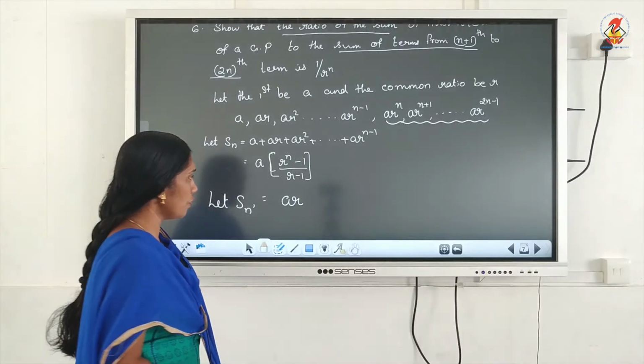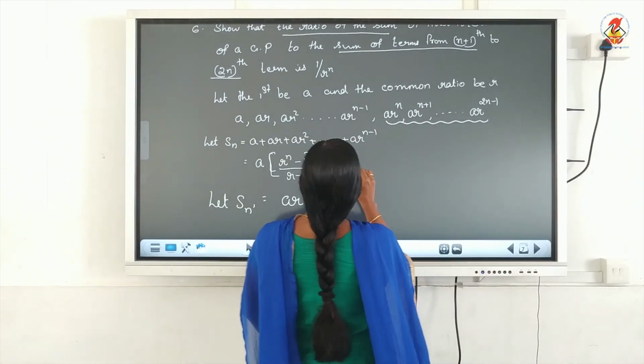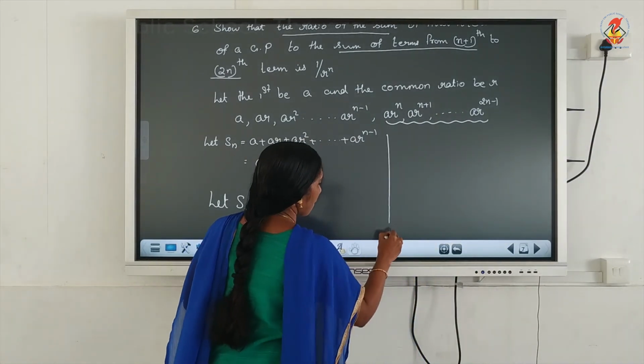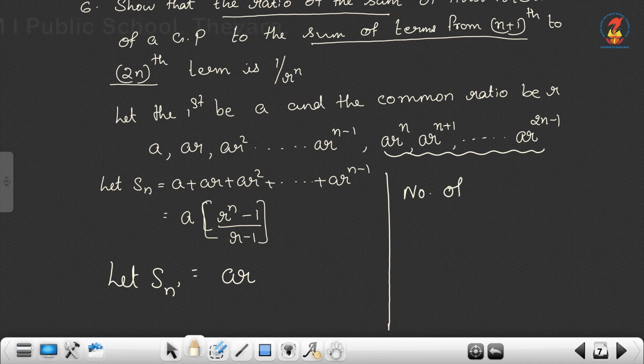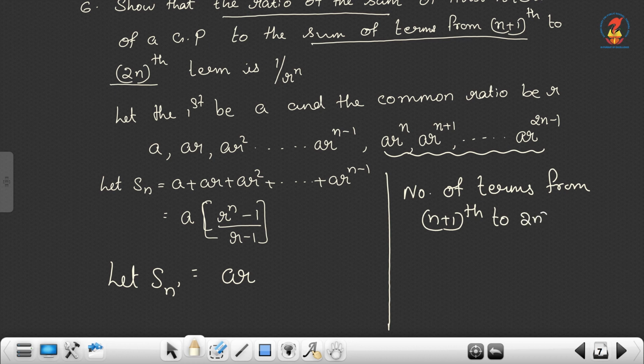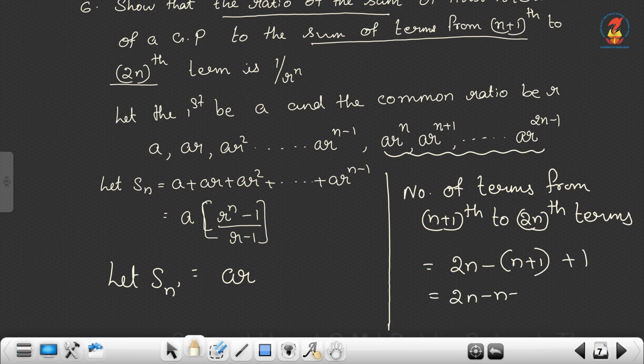How to find the number of terms from the n plus 1th to 2nth terms? 2n minus n plus 1, then plus 1. This is the rule. So 2n minus n minus 1 plus 1, so n.